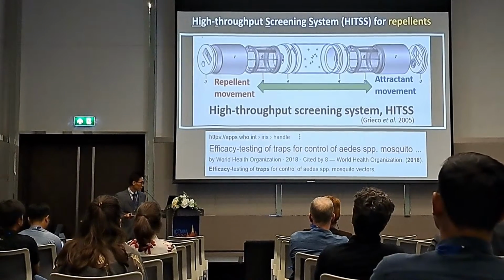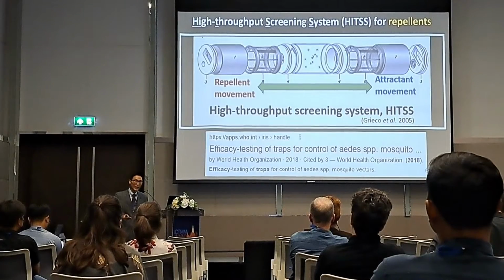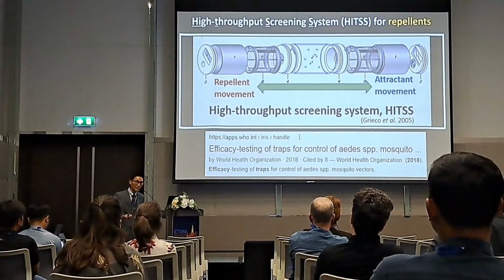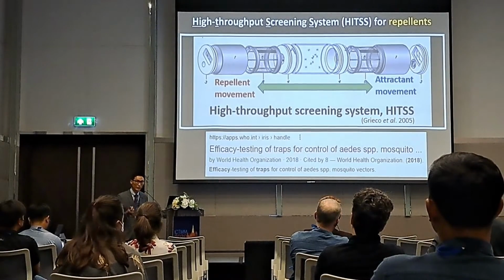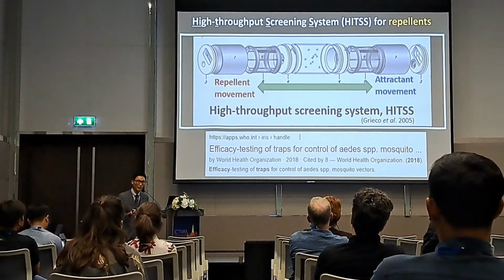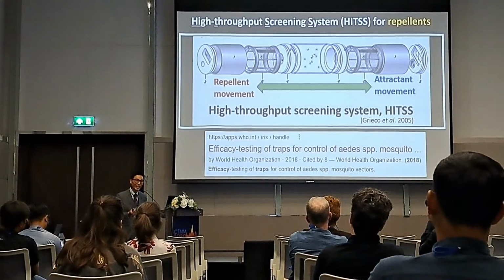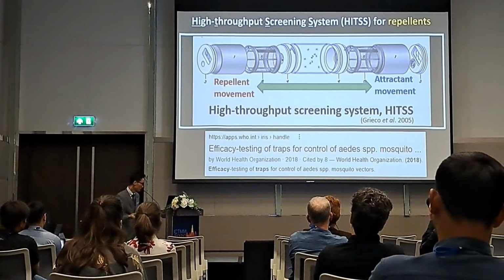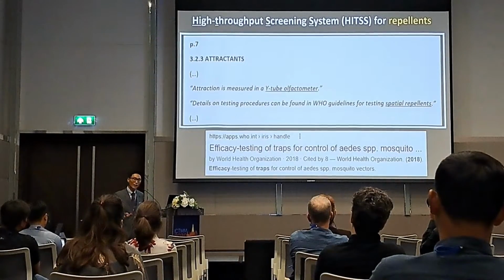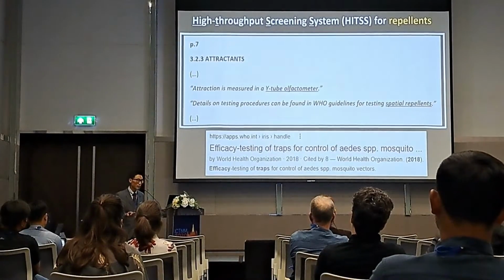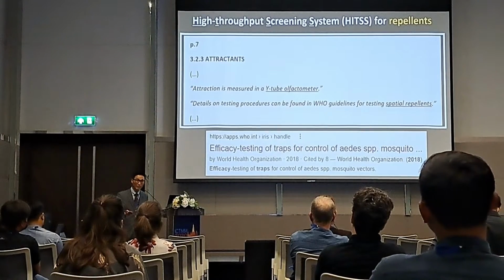And recently, they added one more function to this device, for attractants, because mosquito surveillance tools require an attractant to enhance trap efficacy. So I looked at this recently published WHO guideline for attractants.